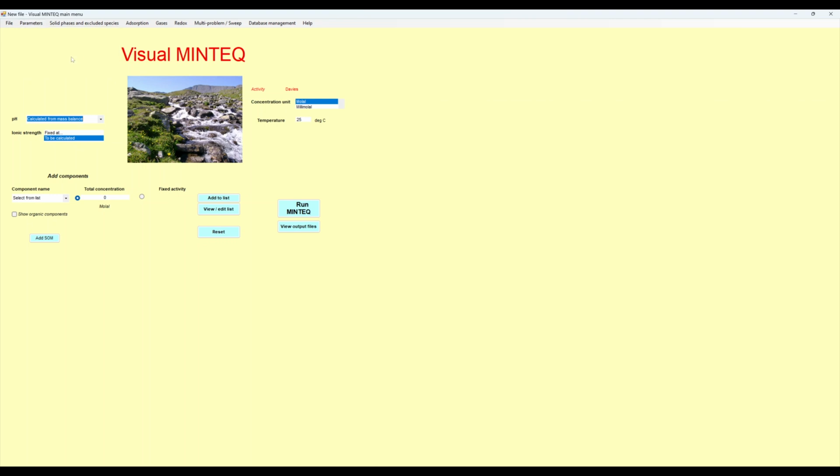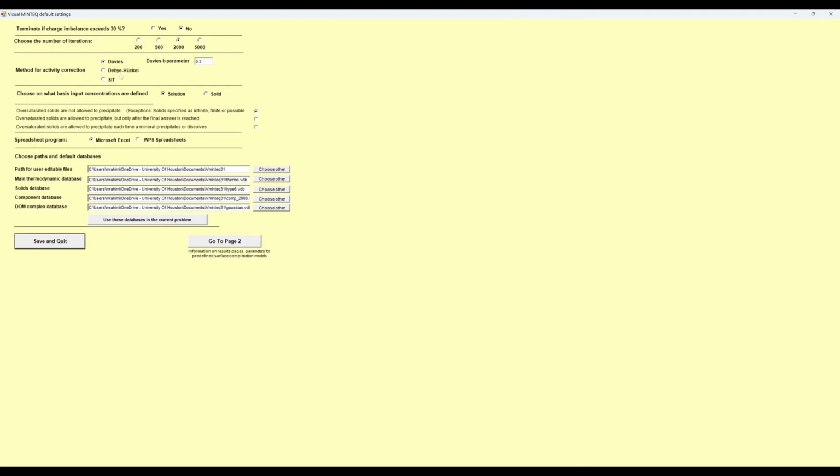If we look at this tab, you see that there are some important parameters that you can play with. But the most important one that we're going to use is the method of activity correction. If you remember in the class, we talked about a wide range of theoretical models that we can use to estimate the activity coefficient in order to calculate the activity values based on the concentration.